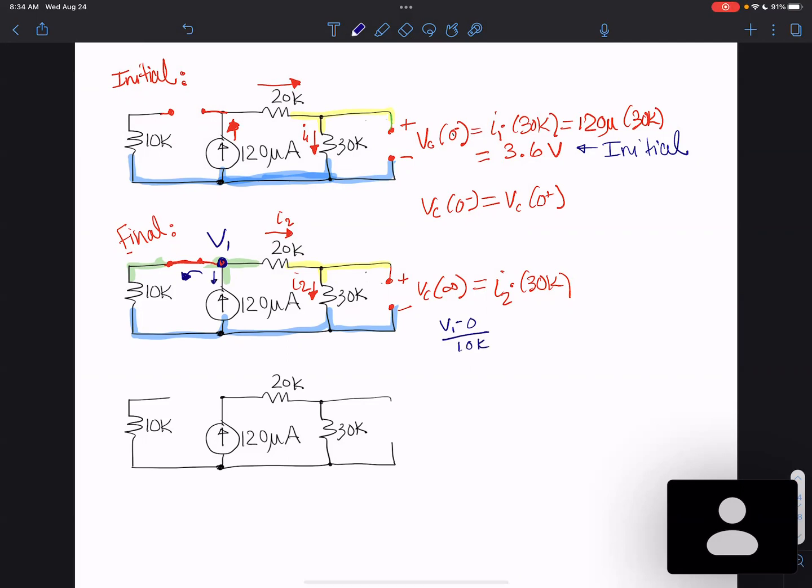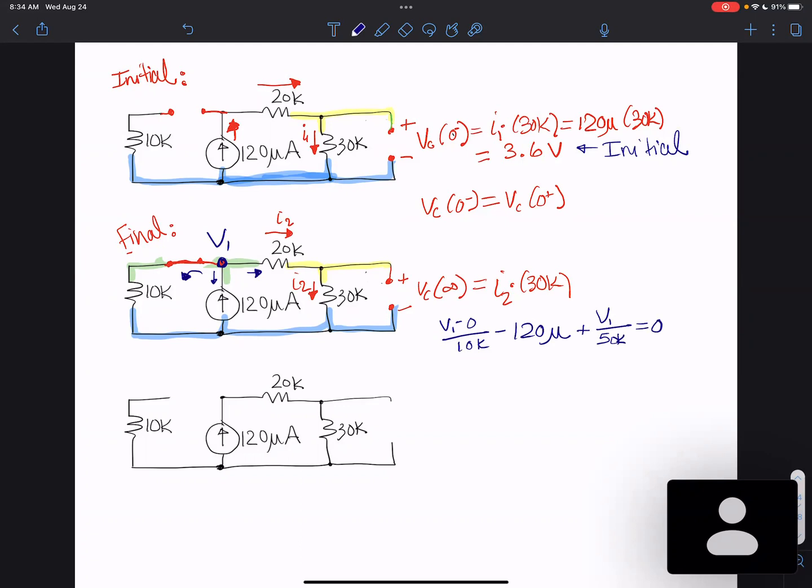And then this one. Correct. And then this one. Yep. So it's V1 minus 0 over 50K.